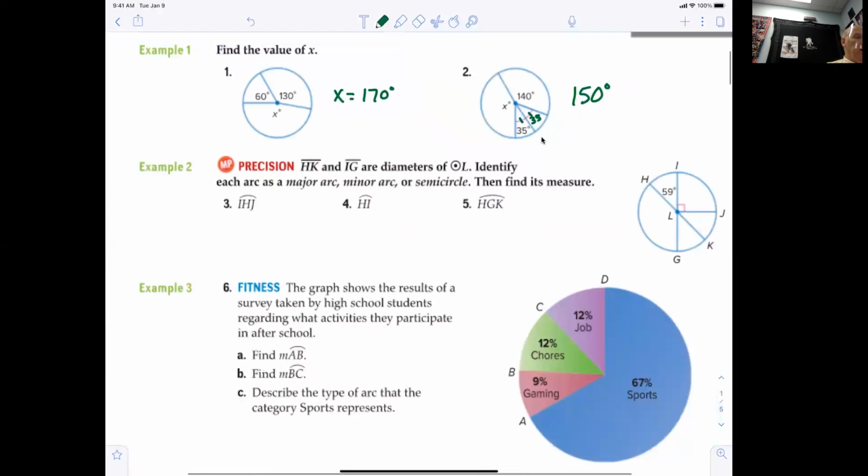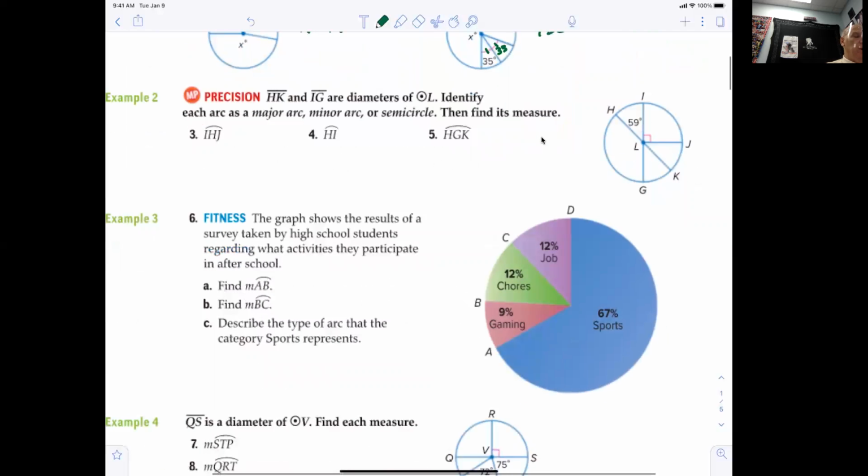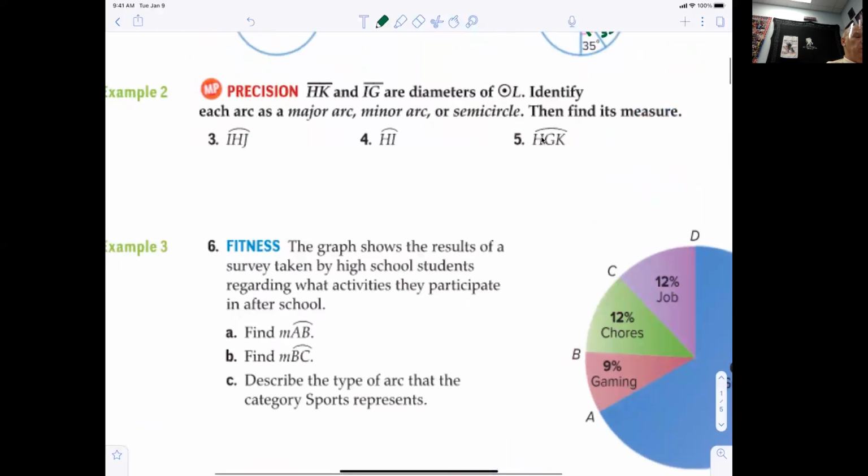Now, on number 3, 4, and 5, it's really important that you understand what a major arc is, what a minor arc is, and obviously the semicircle. A major arc is greater than 180 degrees. A minor arc is less than 180 degrees. Whenever you have a semicircle, the arc will measure 180 degrees.